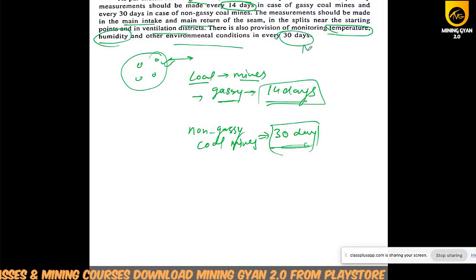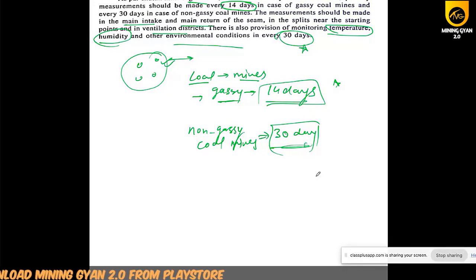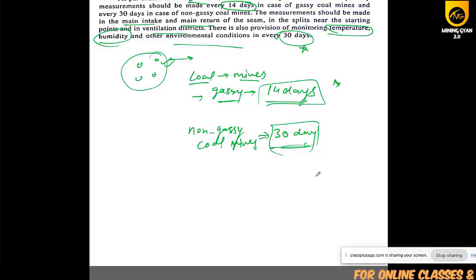So just remember these two or three points: if the mine is gassy, you have to calculate the ventilation data like temperature, air quantity, and humidity on a 14 days basis. If it is a non-gassy mine, then you can do the survey in 30 days.